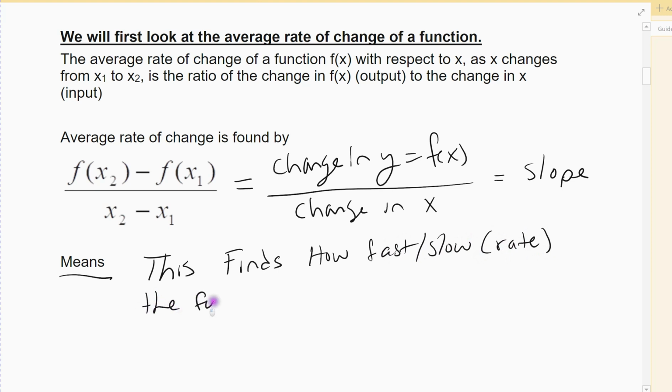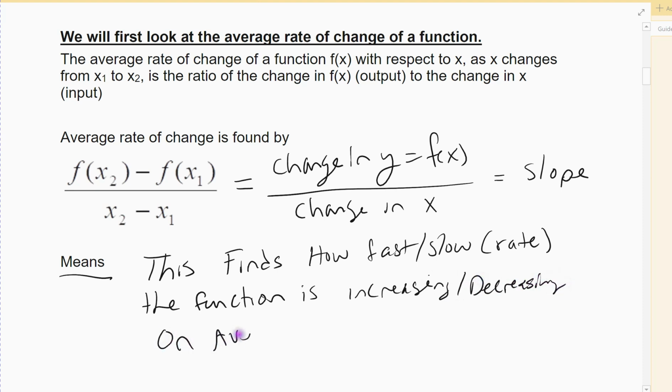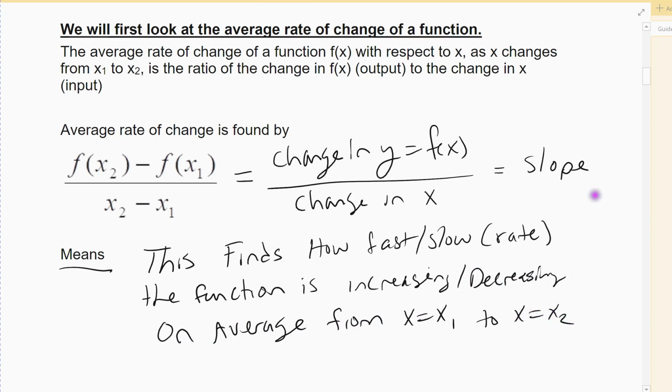How fast or slow the function is either increasing if it's a positive number or decreasing if it's a negative number, on average, from the first moment to the second moment. So from the first x value to the second x value.